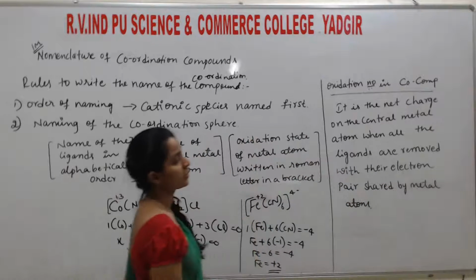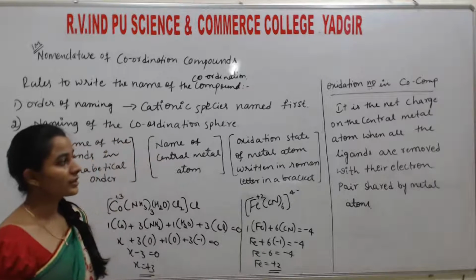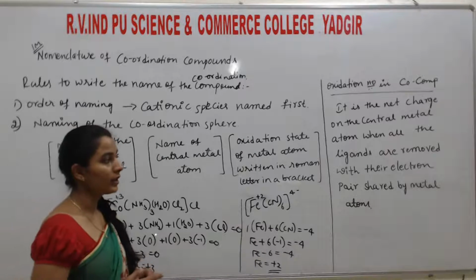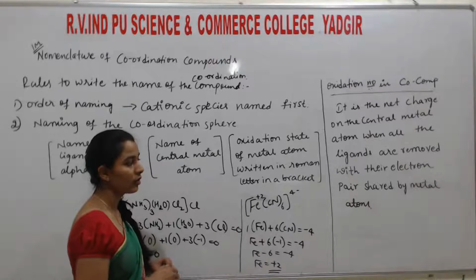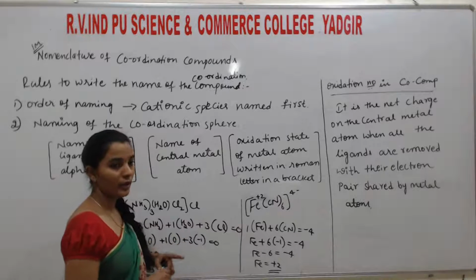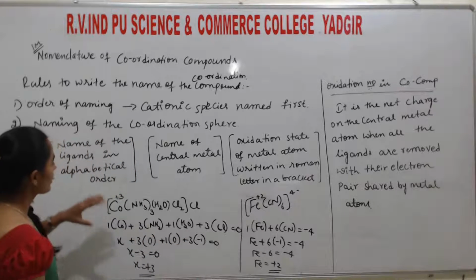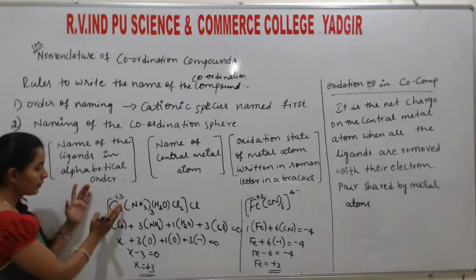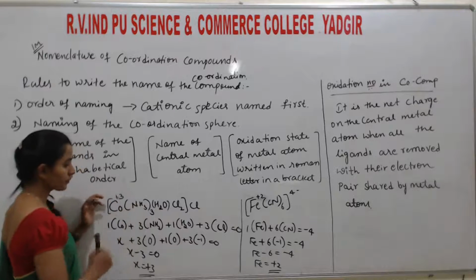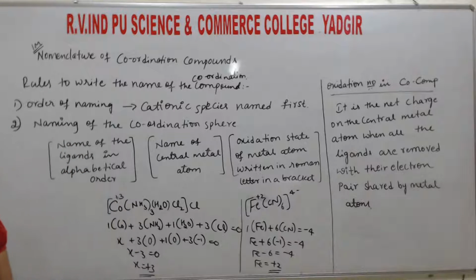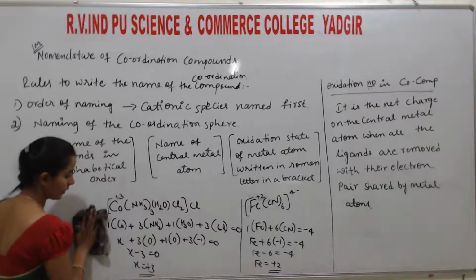So this is the oxidation. It is the net charge of the central metal atom when all the ligands are removed with their electron pair shared by the metal atom. So that is called oxidation state. So here CO is there.